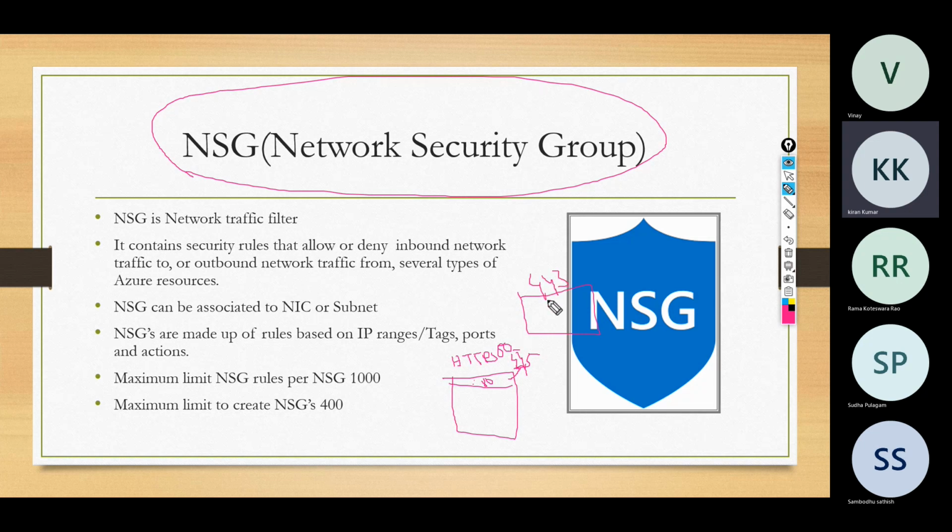If they are using the default port numbers, HTTP means 80 and HTTPS means 443, there is no need to provide any port number. Sometimes they define 8080 or something else.